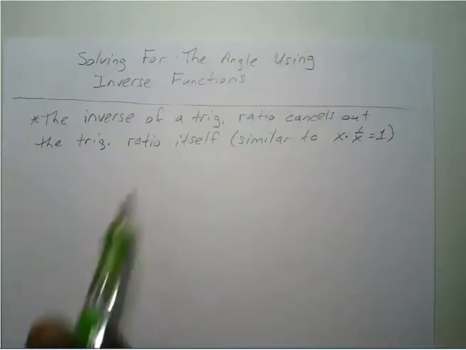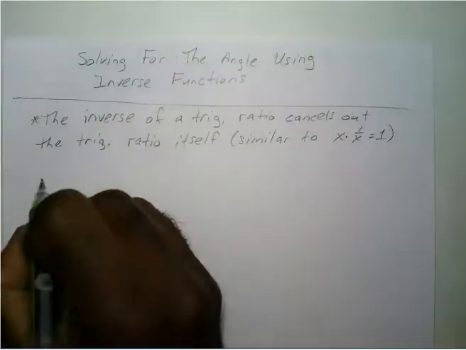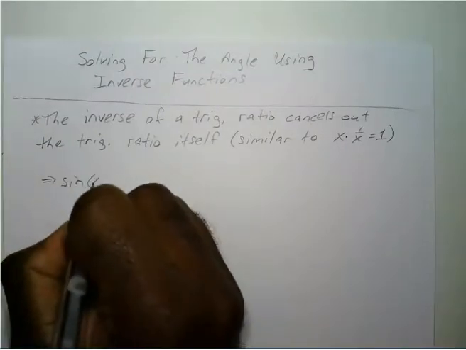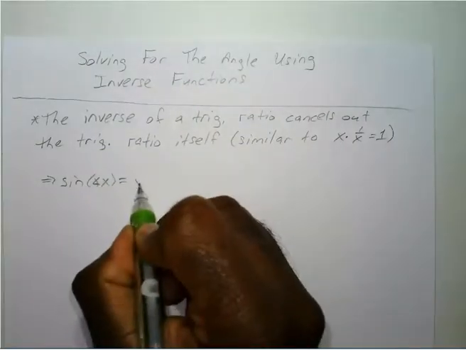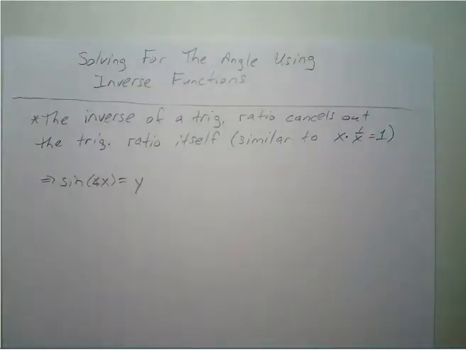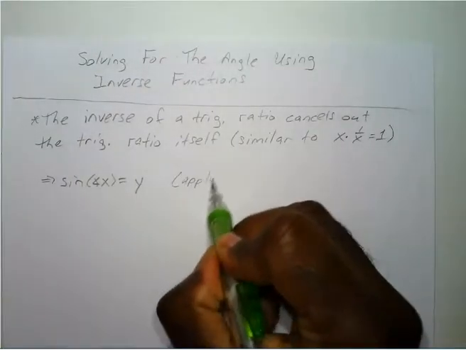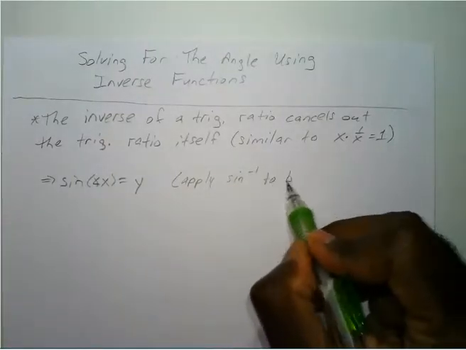Okay, so this is where we use the inverse, and the inverse cancels out the trig ratio. Kind of like if you multiply x times x to the minus 1, the x's cancel out and give you 1, same thing. So let's say you have sine of some angle x equals some value that we'll call y. We don't know what the number is, we'll just call it y. So we're going to apply sine inverse to both sides.